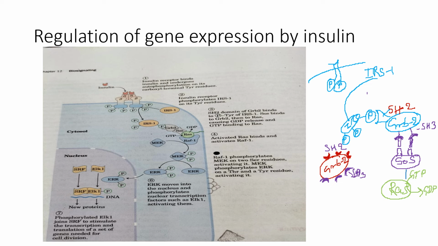Once the RAS protein is active, it will activate MAP kinase, the whole range of kinase proteins.